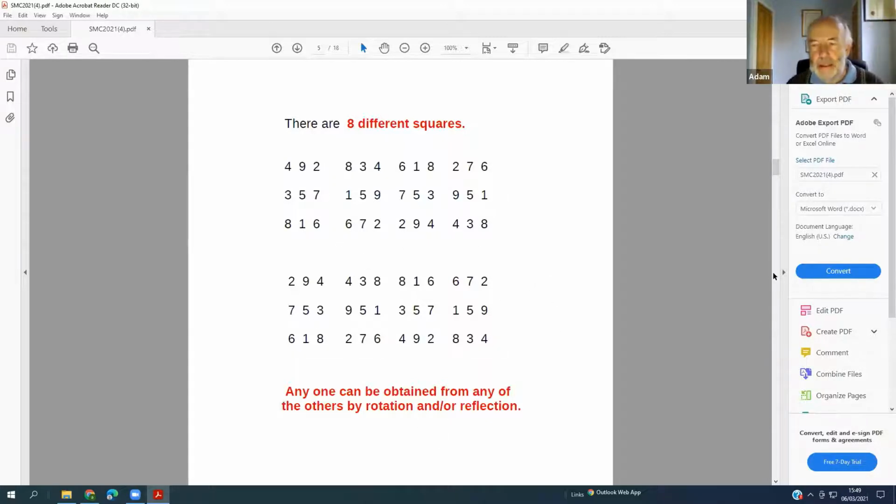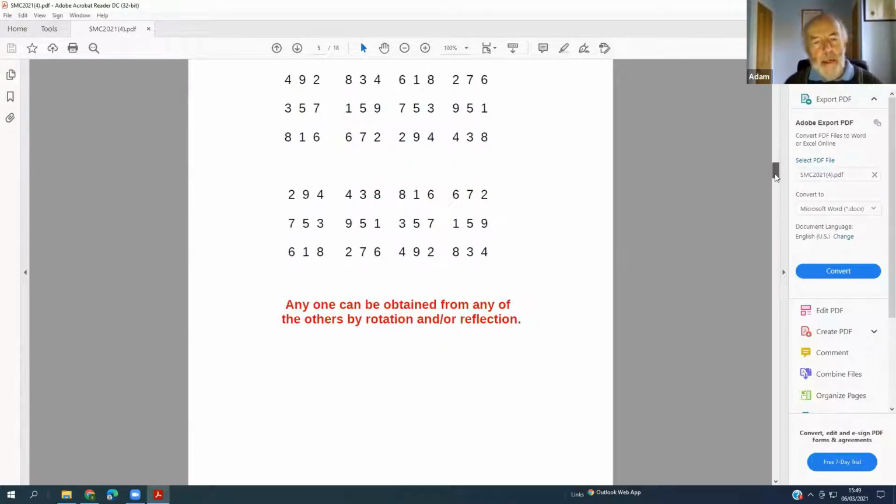So we can say that in this Lo Shu family of 8, you can get any one of the 8 from any of the others by a mixture of rotation and/or reflection. So you could almost say that there's basically only one 3 by 3 magic square using 1 up to 9, and all the rest are derived from it.